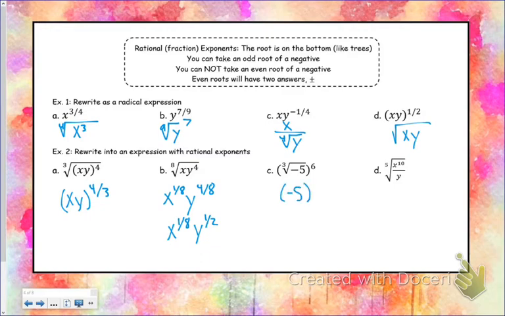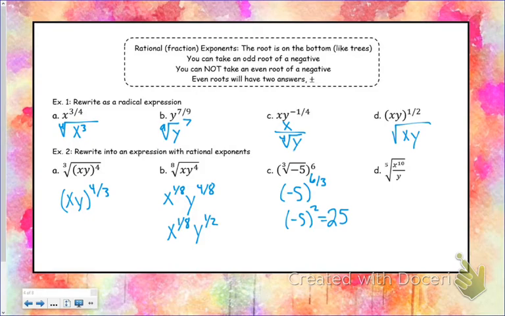Now, it's not a pretty number, but it does exist. So we could rewrite this as negative 5 to the 6/3, which I would rewrite as negative 5 squared, which would be the same thing as 25. Again, it would be positive 25 because negative 5 is what is under that root. So that whole thing is being raised to that 6/3 power.